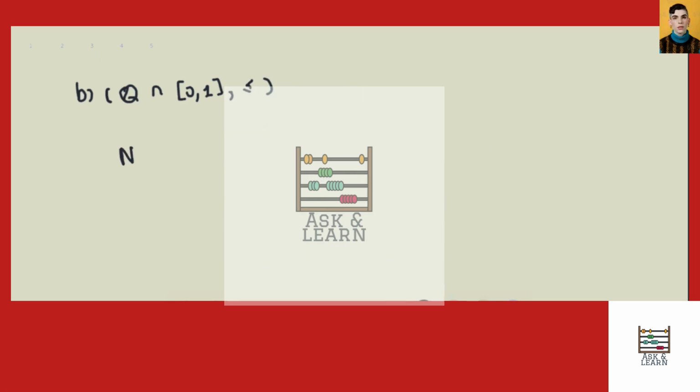Next, this one is not well ordered. Why? Consider this subset. We just take the whole thing and exclude 0 out of it. This has no least element. Why?